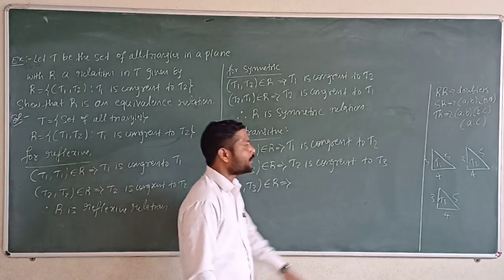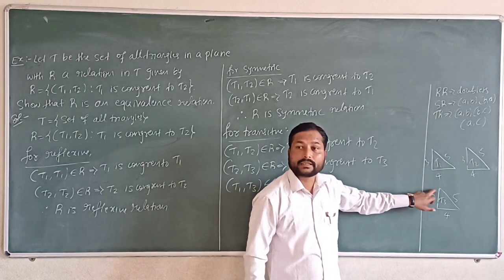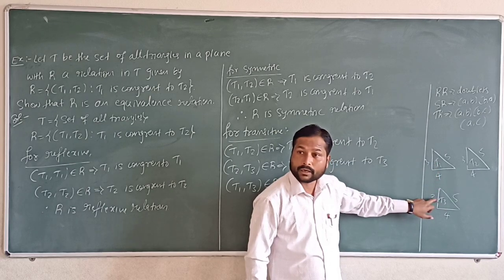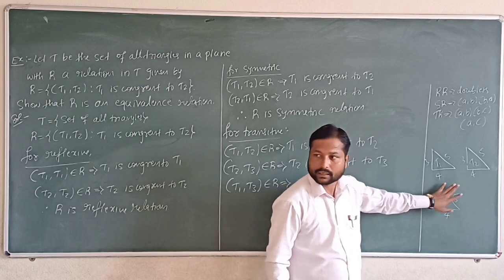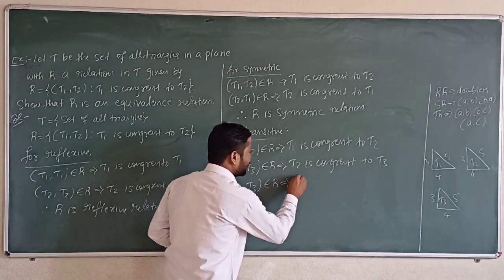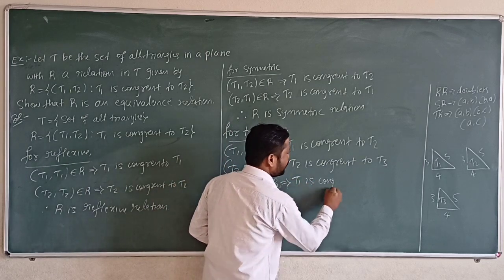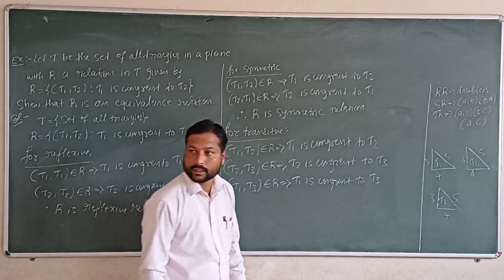Now think: T1 is congruent to T2 is congruent to T3, so is T1 congruent to T3? Yes, because they have the same length, right? Same shape as well as same area, correct? Now we have to write that T1 is congruent to T3.